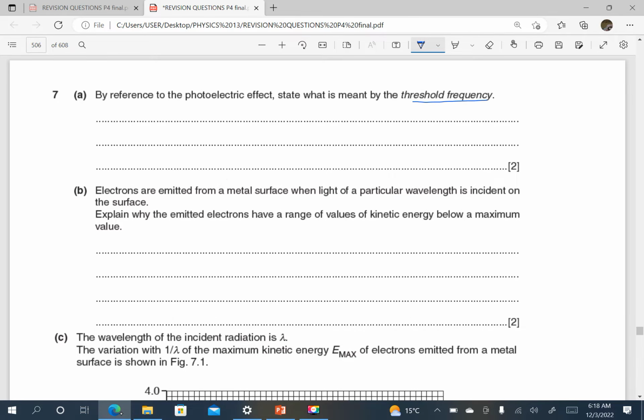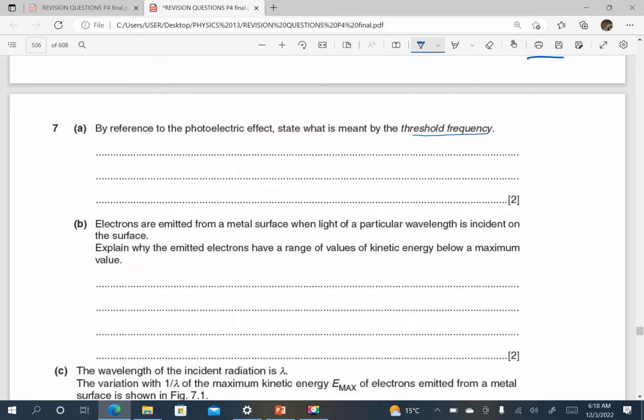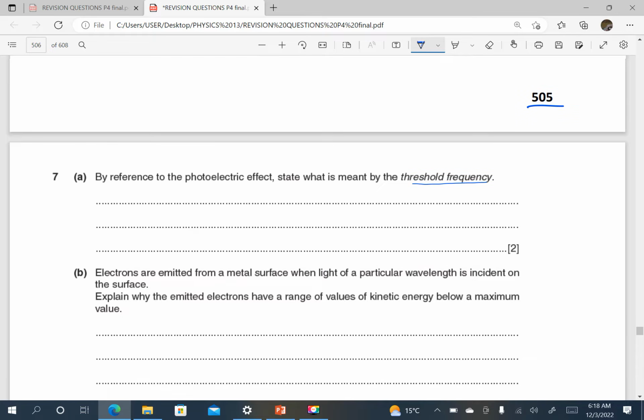frequency. At this point, we are now familiar with such a question. The minimum frequency of electromagnetic radiation below which no photoelectric emission occurs, or the minimum frequency of radiation needed to emit or release an electron from the metal surface, is what we call the threshold frequency.